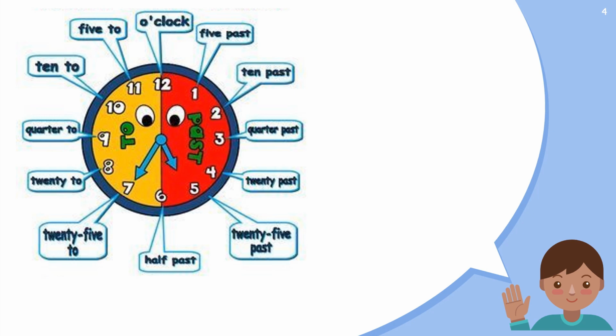The to area starts from 6 to 12. You can see the yellow area in the picture. If the long hand that shows the minutes moves from one number to another number, it means 5 minutes. For example, the long hand moves from 12 to 1, so it means 5 minutes.